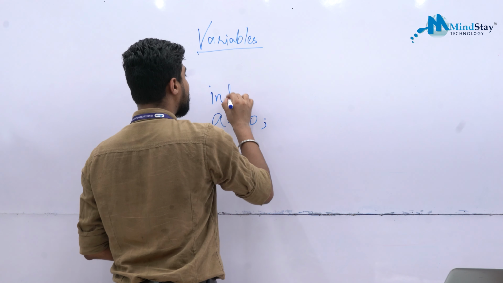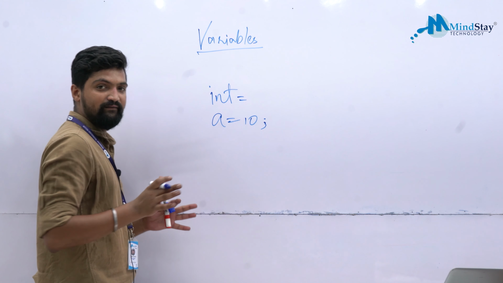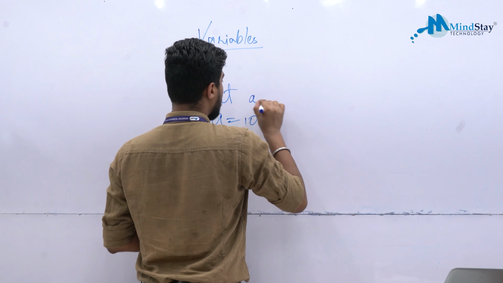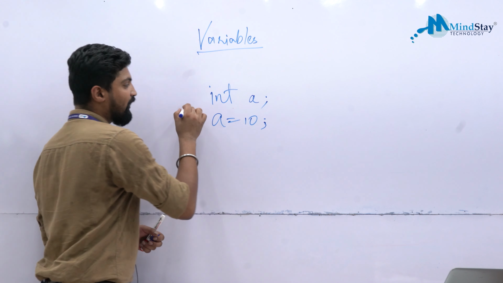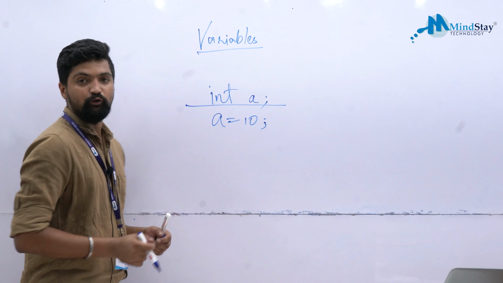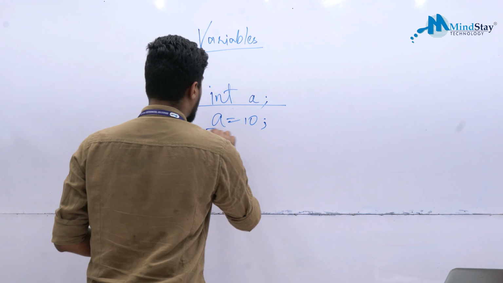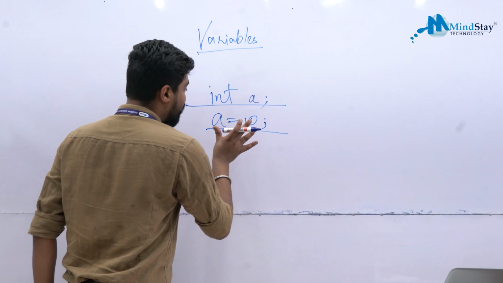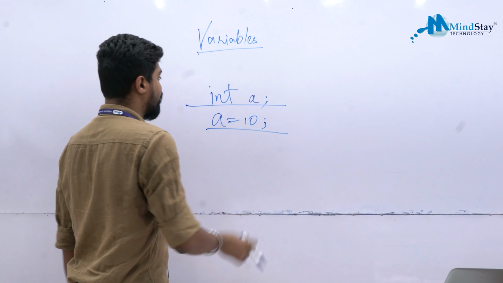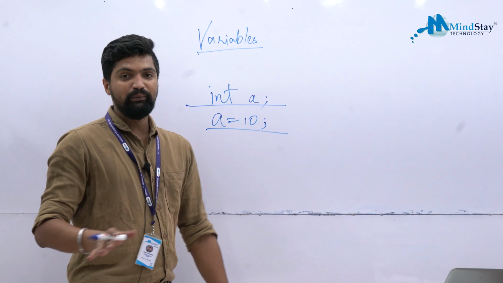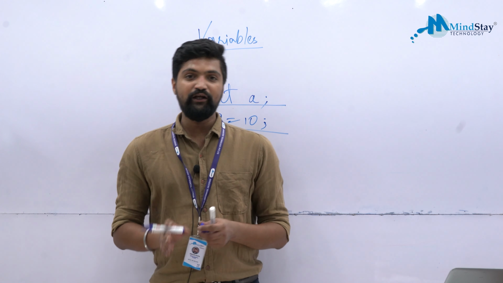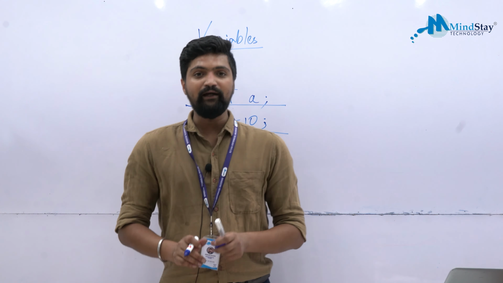When I say declared, I also mean initialized. Int a and semicolon. Here I have declared my variable a to be of integer type, and now I am storing a value 10. So the first rule is, before assigning any value, your variable should be declared with the data type.